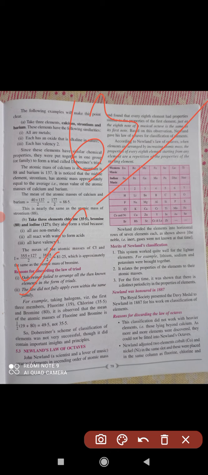Here you can see why it is not applicable. For halogens, in the same group, chlorine, bromine and iodine, it is applicable.